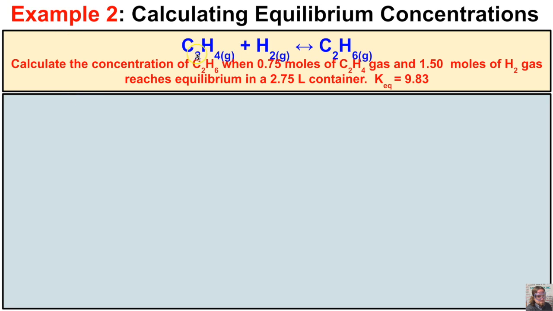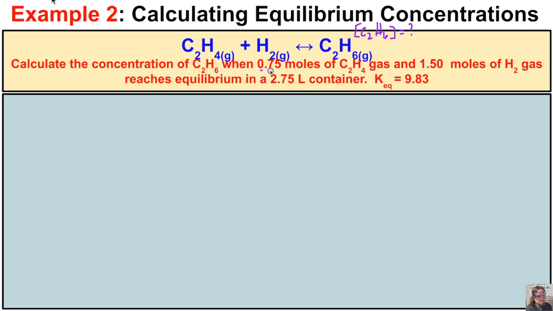In this second example, we have C2H4 gas plus H2 gas in equilibrium with C2H6 gas, and what we want to figure out here is the equilibrium concentration of C2H6. So once equilibrium has been reached, we want to know what the concentration of C2H6 is going to be.